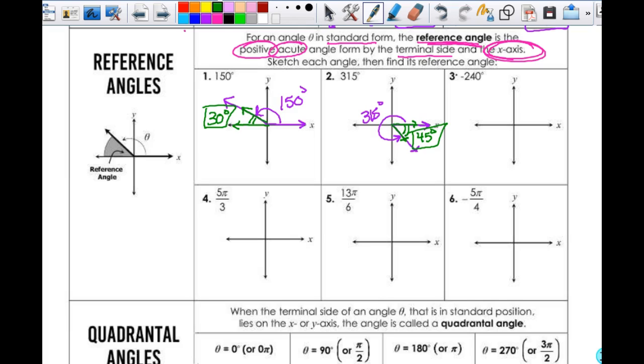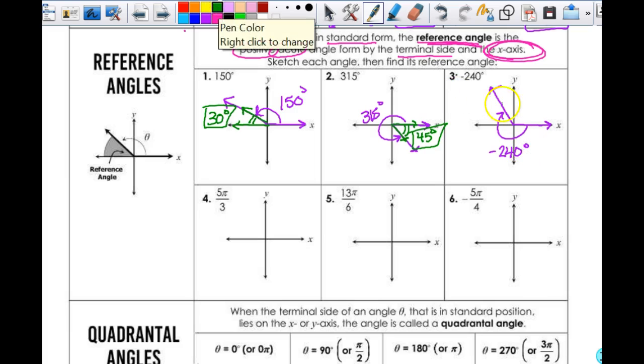So negative 240, what quadrant would I be in? Second one, because I'm here, this is negative 180, right? And then I would have to go how much more? 60. So that's again like 2/3 as I'm going, so it's about right there. Here is your negative 240.